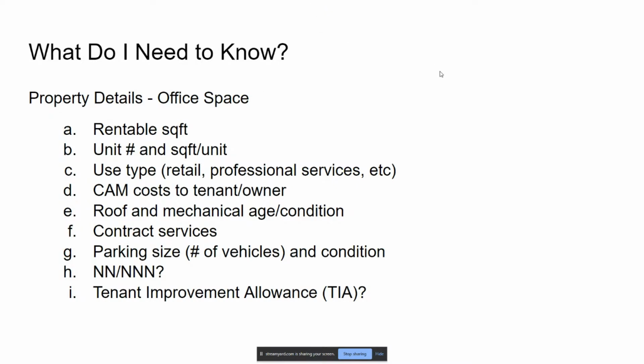How much parking is there, right? And then we already talked about the other things. Tenant improvement allowance is basically that the landlord will give them a certain amount to fix their place up. So if you had a hair salon in there, for example, and a Subway comes in, that's obviously a very different looking shop.